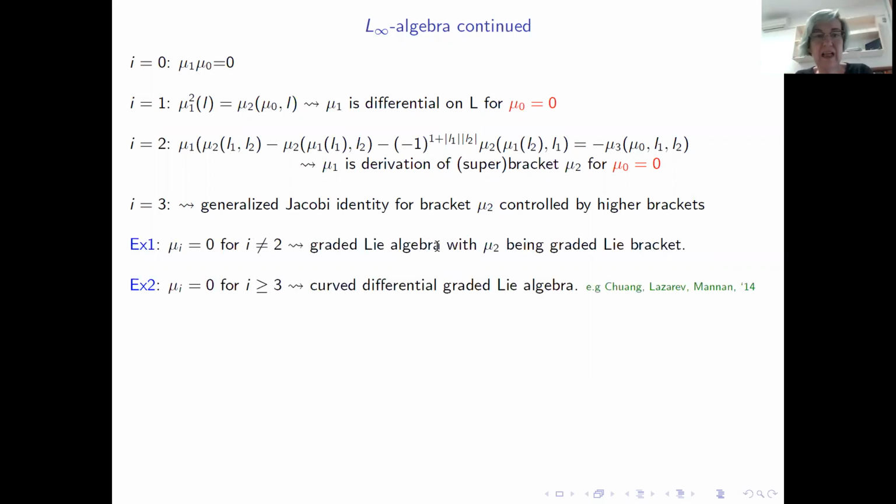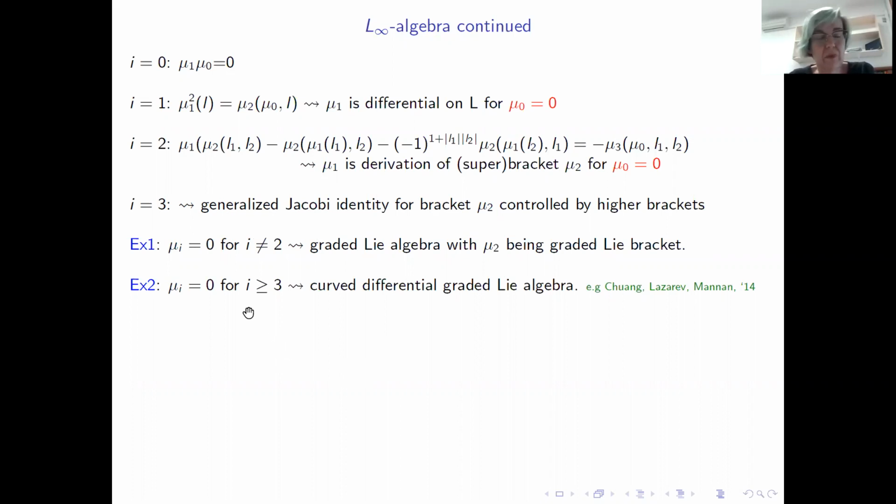The standard examples: an L-infinity algebra is just a generalization of a graded Lie algebra. So if you take all the maps to be 0 except the map mu2, you will have just a graded Lie algebra with mu2 being the graded Lie bracket. You don't have a differential, and then the only non-trivial expression here will give you just the Jacobi identity for your Lie bracket.